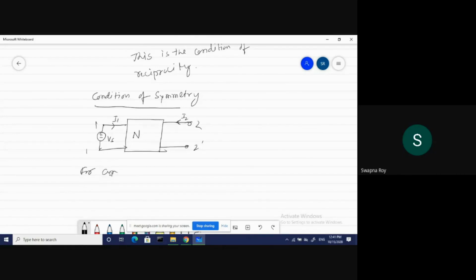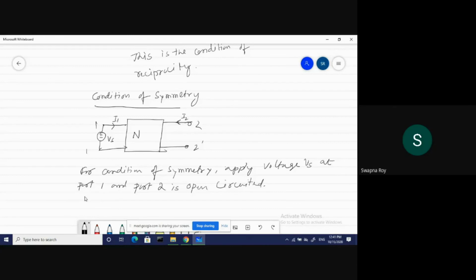For the condition of symmetry, apply voltage Vs at port 1 with port 2 open circuited, and find Vs by I1.